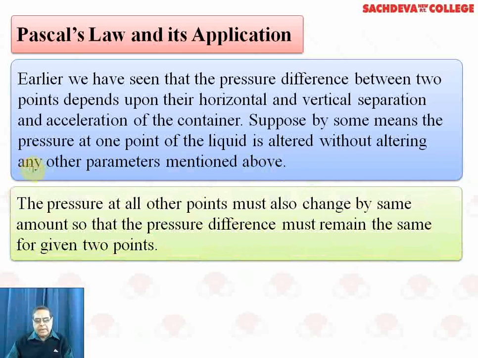The pressure at all other points must also change by the same amount so that the pressure difference remains the same for the given two points. This is what I suggested earlier, that liquid transmits pressure equally in all directions.